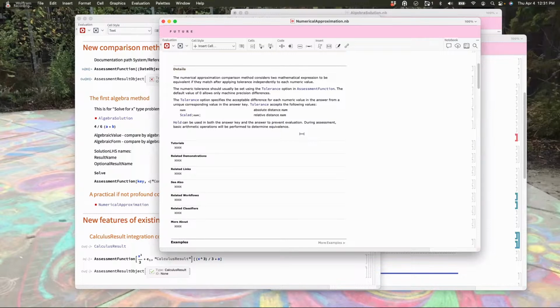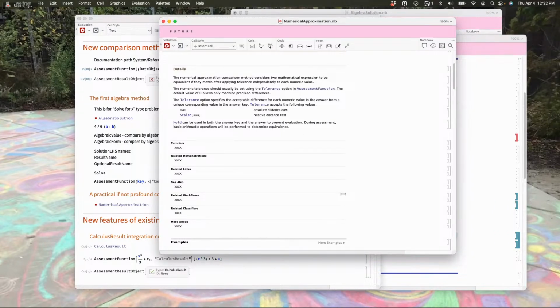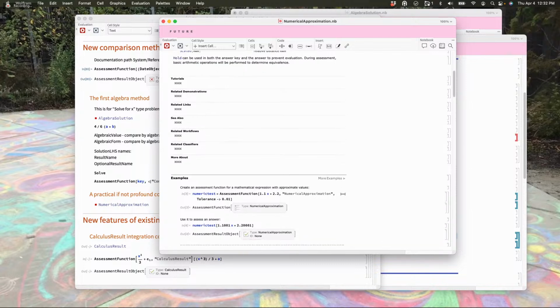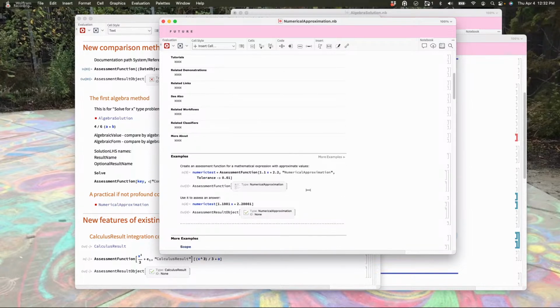How does that relate to number, the previous thing you had? With number, the entire value in the answer and in the answer key is a single scalar number. This is a mathematical expression that contains numeric values. I see. And in the simplest case, there's just an absolute tolerance of 0.01 applied to each numeric value.